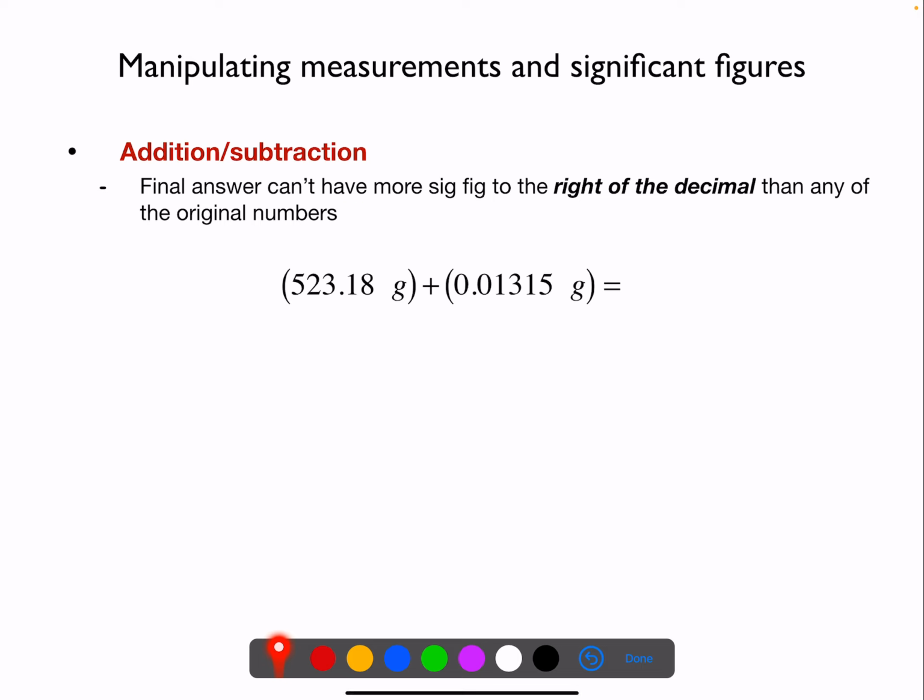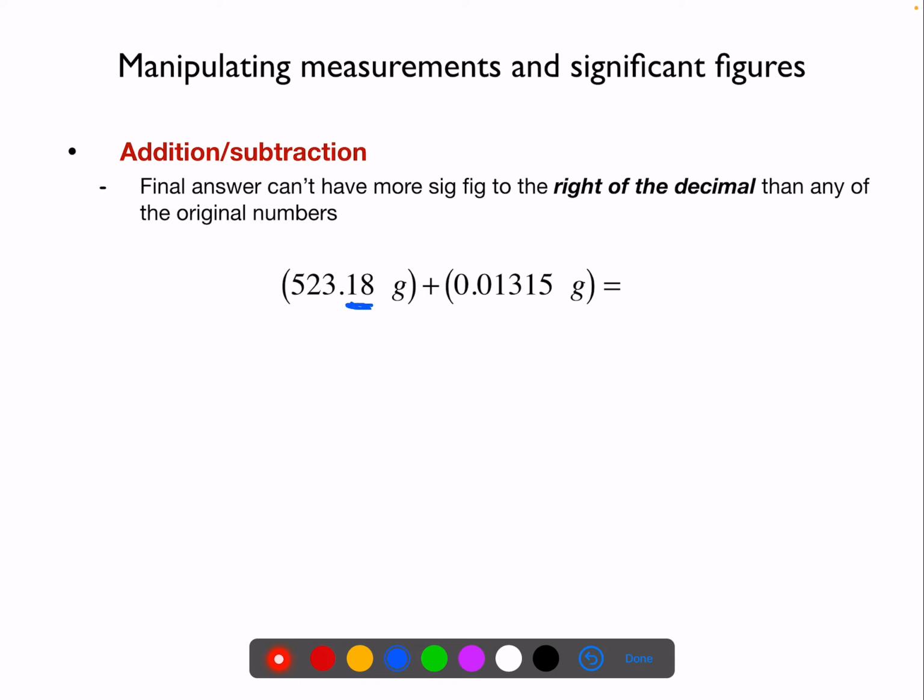And that's what we just looked at. So for another example, if we take 523.18 grams and we add to that 0.01315 grams, what is our final answer? We can easily punch this into our calculator to get the number, but when we think of the uncertainty, we're going to look at the number of decimal places.